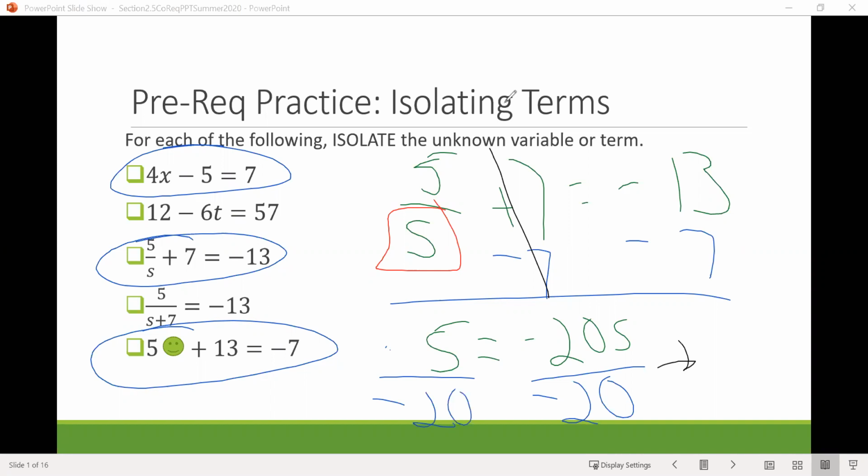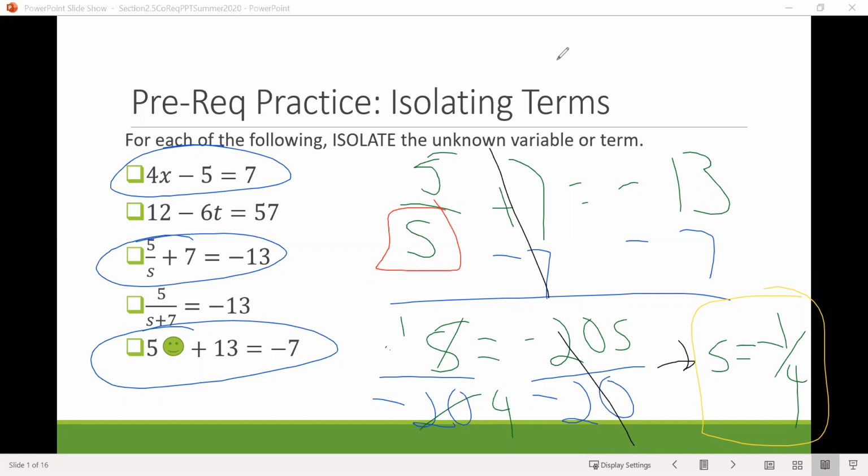And when we do that, these cancel. We're left with s equals 5 over negative 20. Careful, that is not negative 4. If it was negative 20 over 5, it would be negative 4. But in this case, we can reduce both of these by 5. And so we end up with negative 1/4 as the value for s.